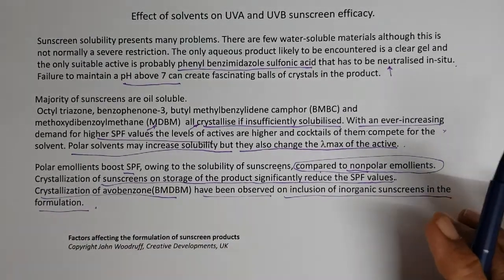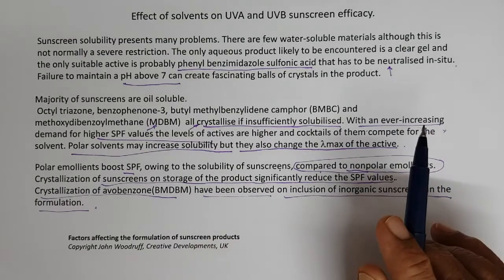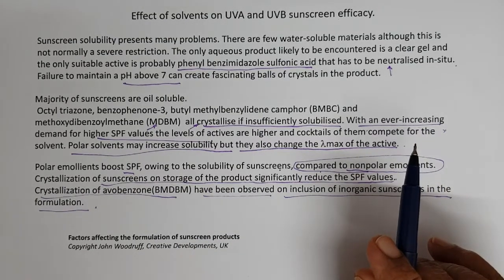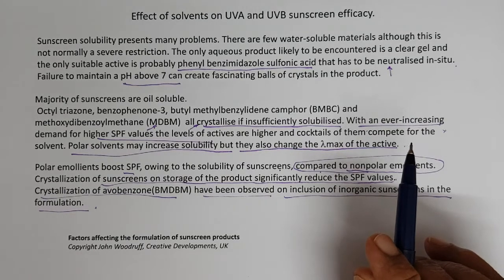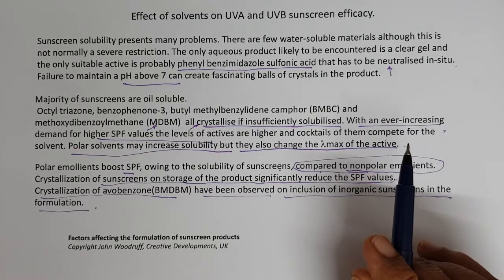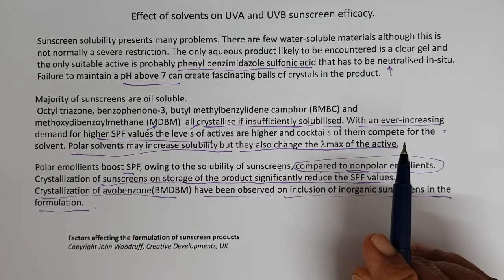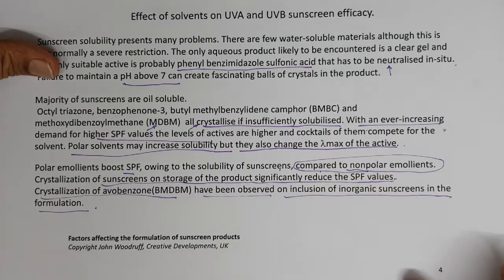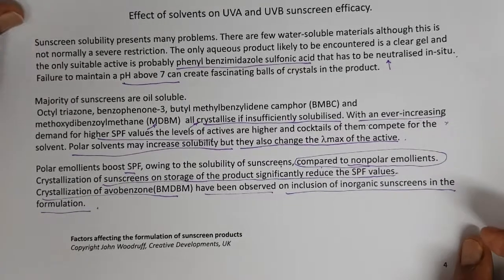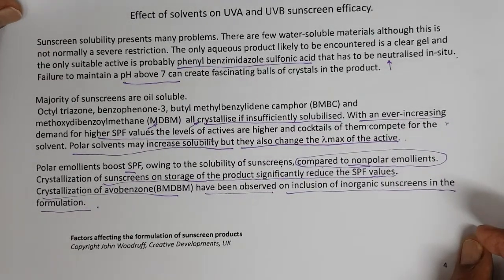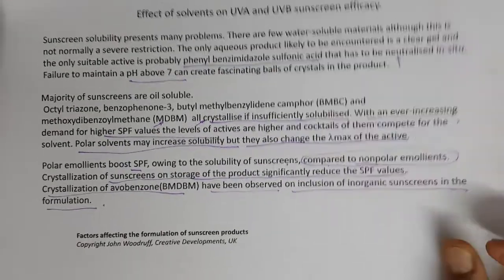For example, avobenzone is a UVA sunscreen, a potent UVA sunscreen. It has to be solubilized well in the product, but inclusion of inorganic sunscreens like titanium dioxide and zinc oxide has been found to hasten the crystallization of avobenzone. So you have to be very careful when you use high levels of avobenzone with high levels of inorganic sunscreens in the formula, right?